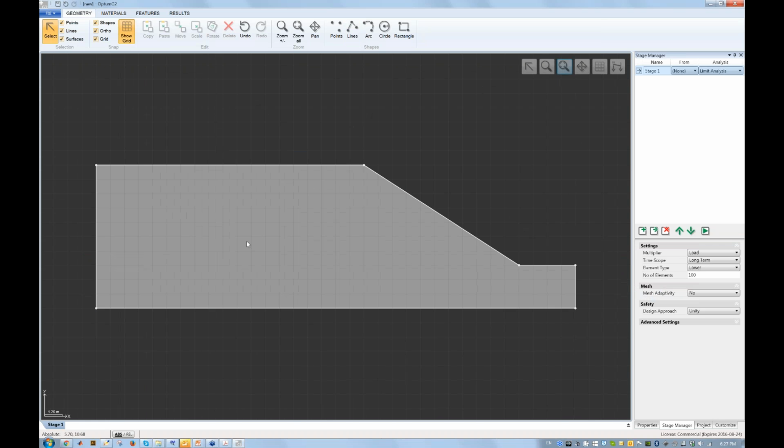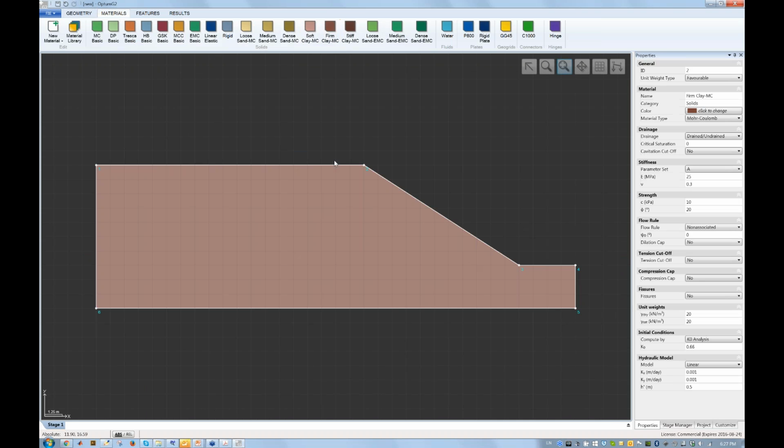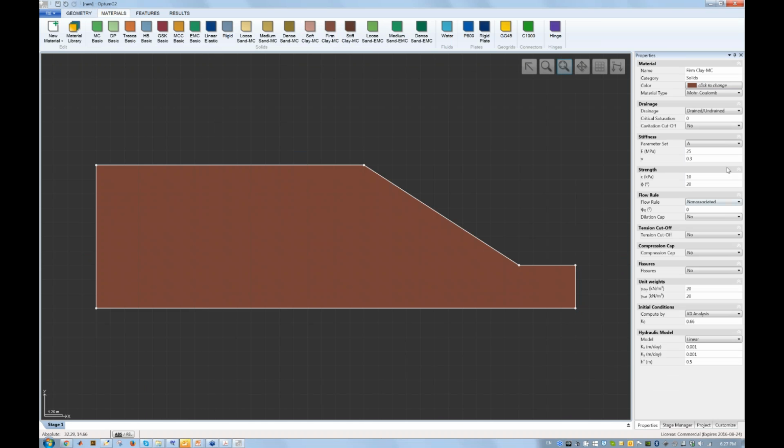Something like that. I'll apply material, and in this case I'll apply the default firm clay MC material. That's a Mohr-Coulomb material, one of the default materials, with parameters that you could say are representative of firm clay. You shouldn't take these too literally, of course, and you can edit the parameters if you like.